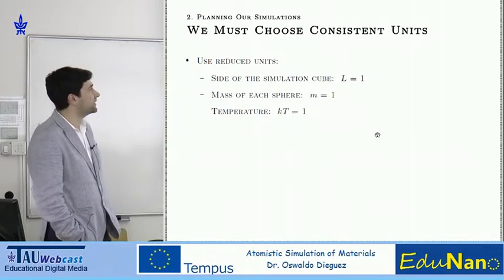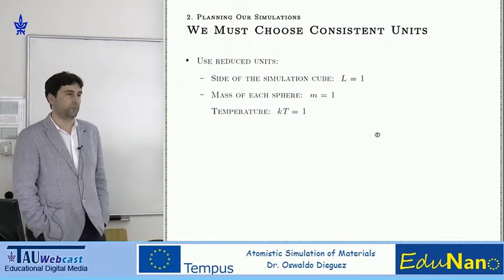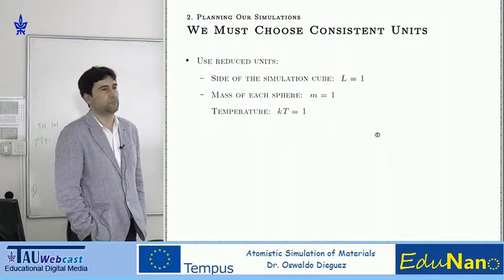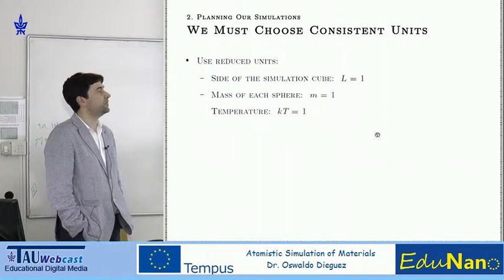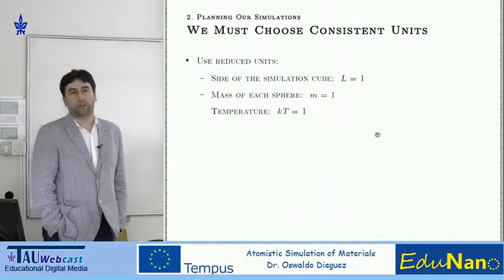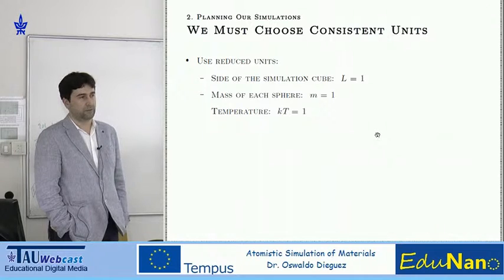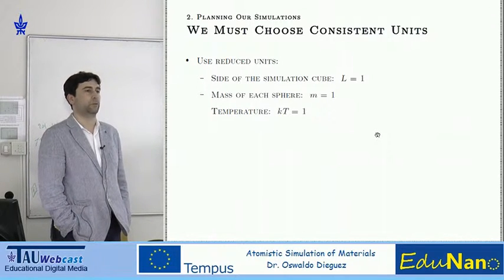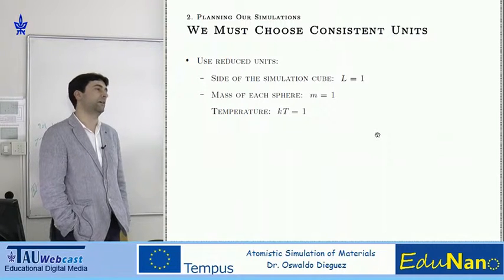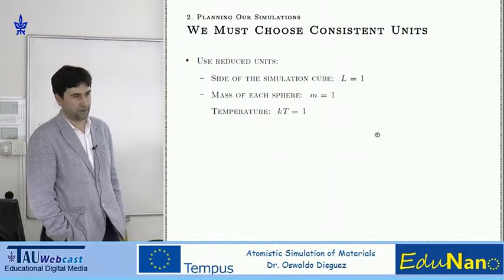In this case, we can set the side of the cube to be whatever length we want, so we'll set it to be 1. This is very practical, because then periodic boundary conditions are very easy to implement, because if a number gives you a position 36.82, if you want to bring it back to the box, it's just 0.82, because the box is length 1.